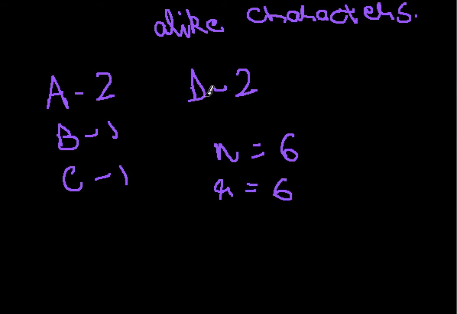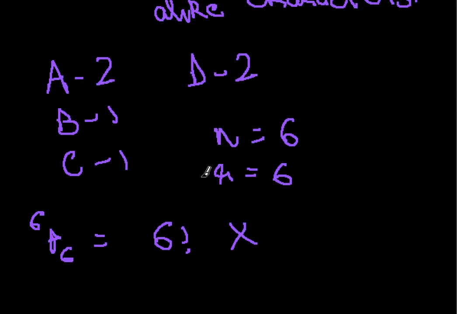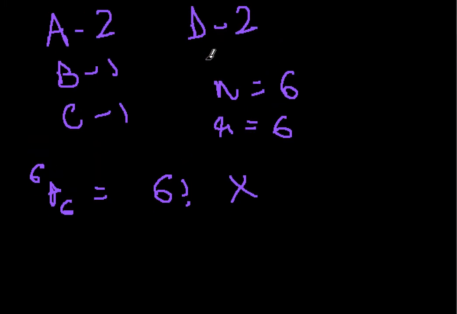Normally, if we take all the D's and all the A's as distinct from each other, the number of permutations would be 6P6, which is 6 factorial. But this is not true in this case, because we have two A's and two D's which are exactly alike. So A and A are alike and D and D are alike.